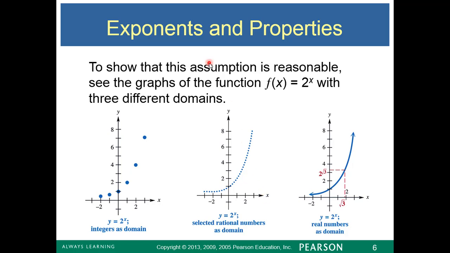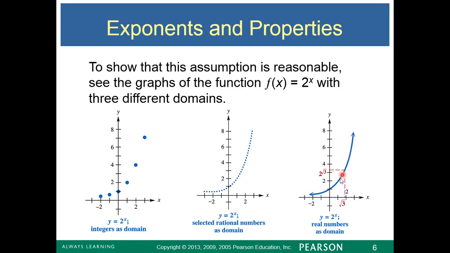Now to show that this assumption is reasonable, see the graphs of this function 2 to the x with 3 different domains. So here's integer domains, where x just takes on integers, and here's where it takes on selected rational numbers. And then here's where we use all real numbers, and it becomes a smooth curve.